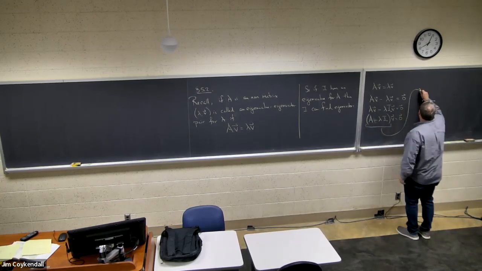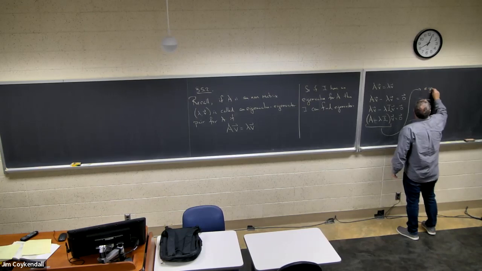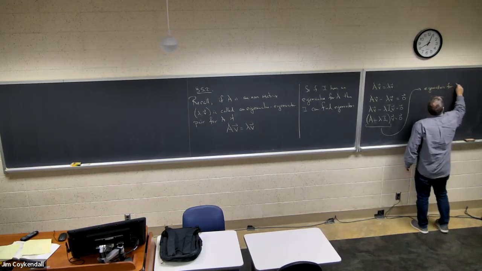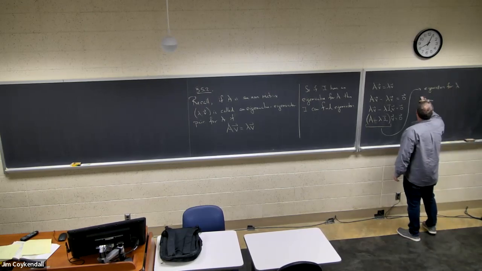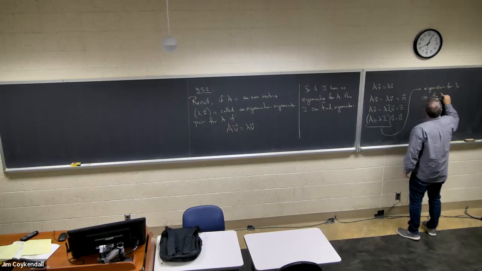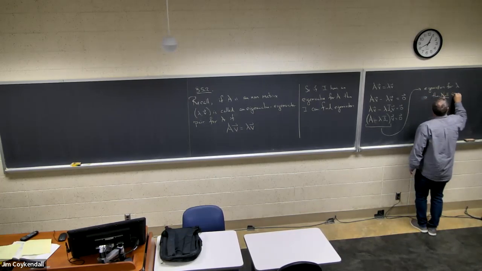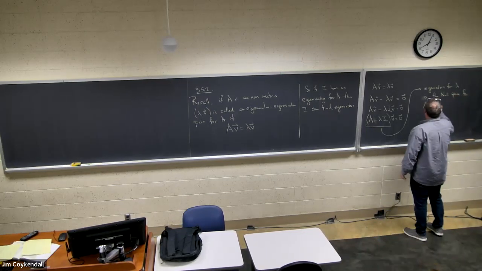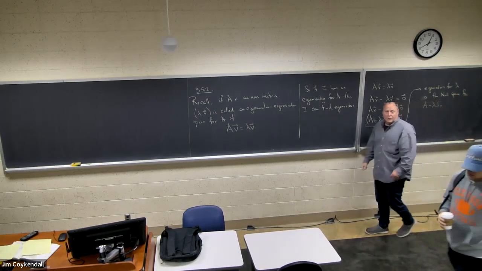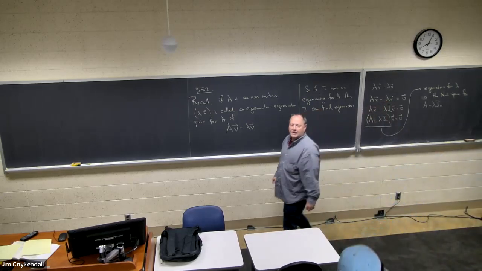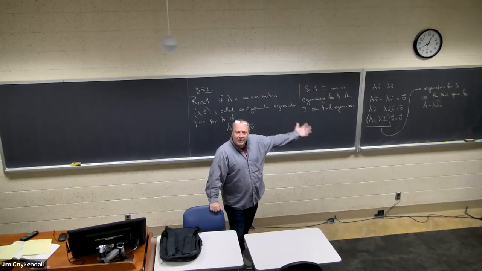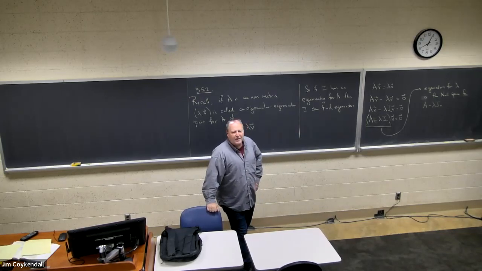So if you look at A minus lambda I, then figure out that thing's null space, that's going to give you the eigenvector, right? And that's kind of what we're doing.